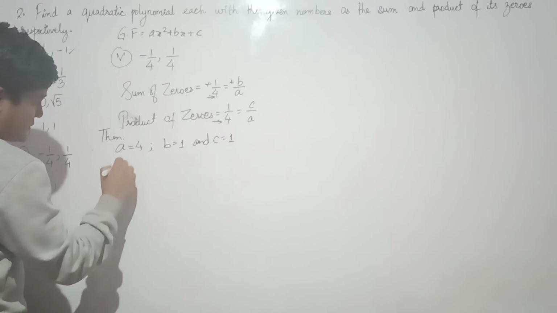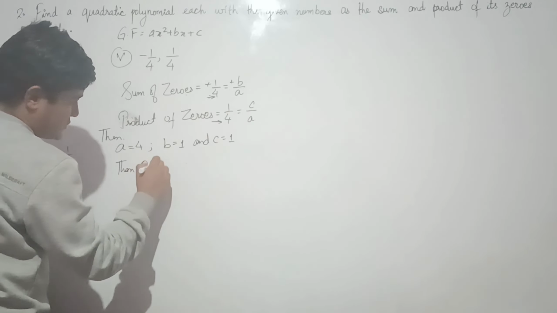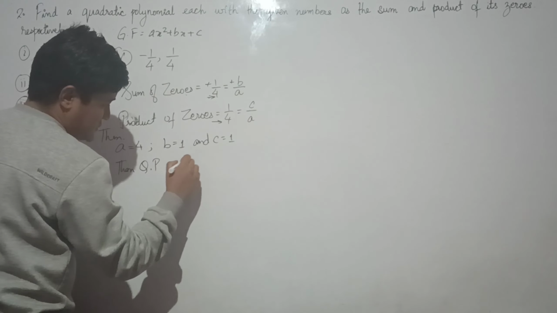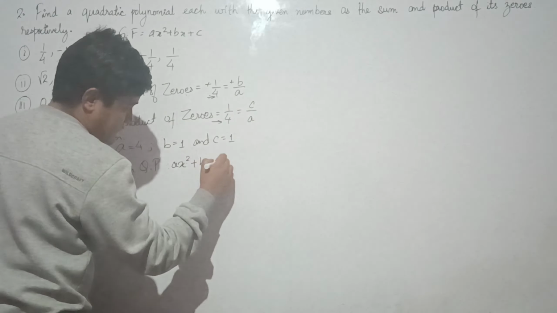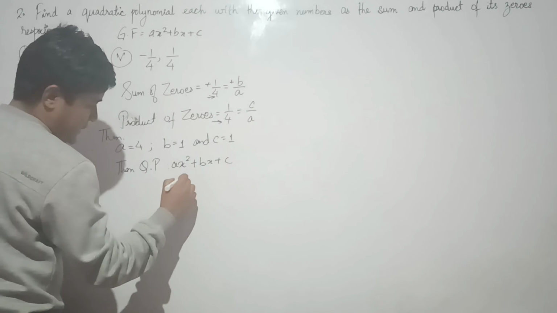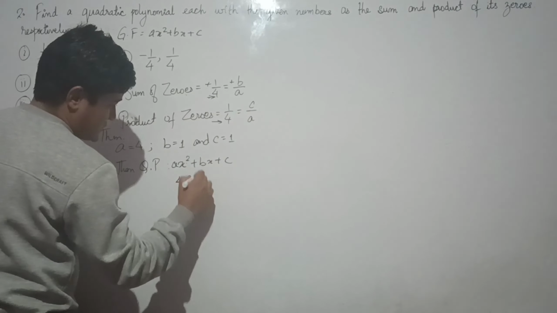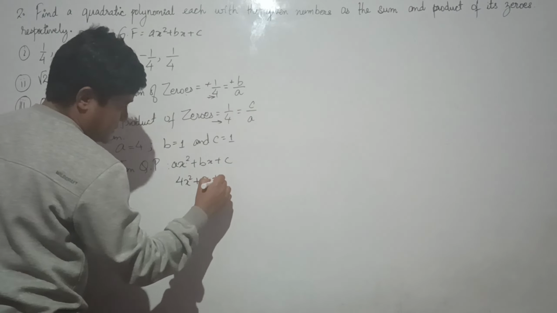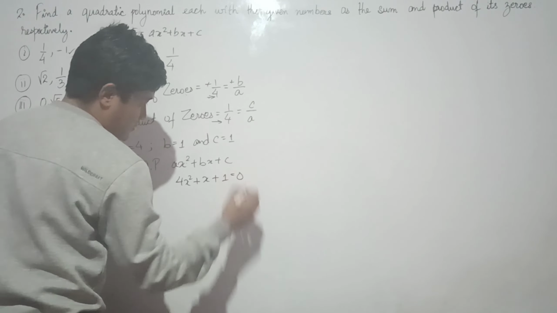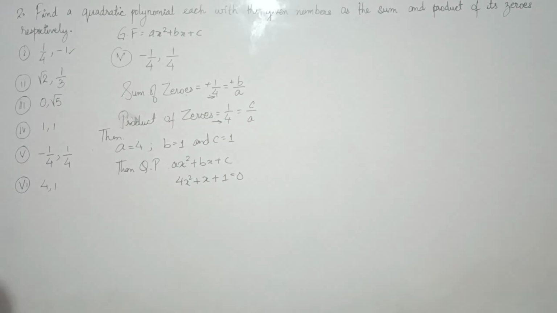Then the quadratic polynomial, the general formula is this. So a equals to 4x square plus 1x, c is 1 equals to 0. This is your quadratic polynomial required for the given sum and product of its zeros.